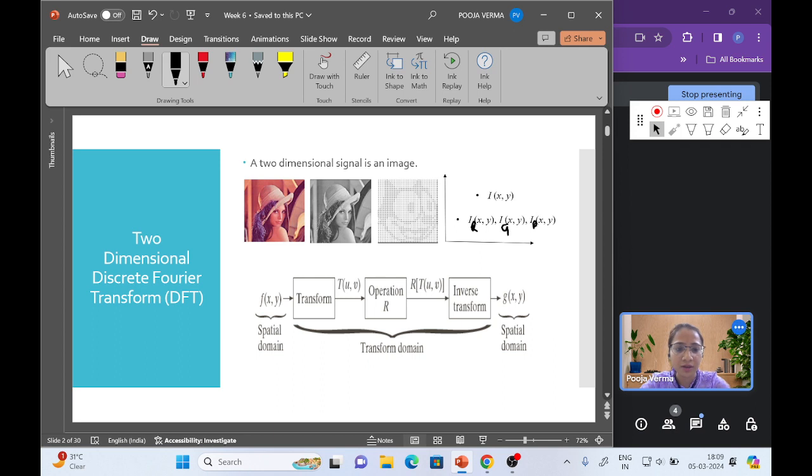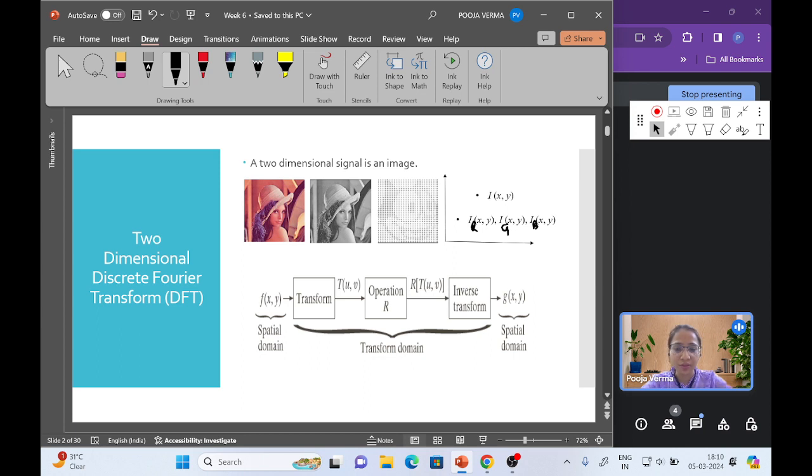Normally image processing is performed in the spatial domain. So what is the spatial domain? In the spatial domain, we directly manipulate pixels, or directly perform operations on a pixel.